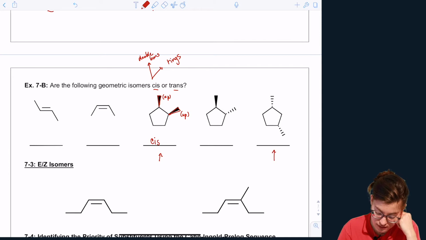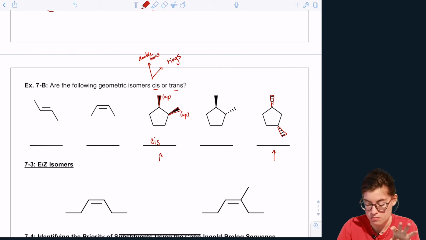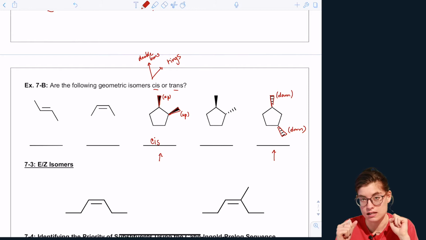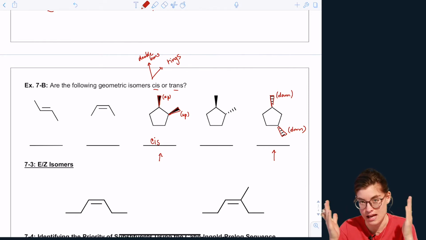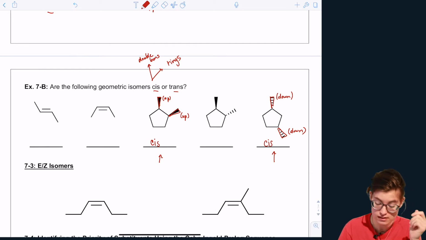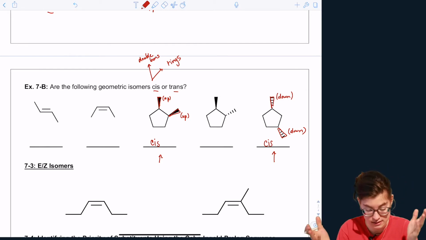If we look at this one on the end, we have, again, two methyl groups, but now both of them are on a dash, okay? But that doesn't matter. What matters is the relationship. So this is down, if you will. Since they're both going behind the plane of the page, since they're both going the same direction, this relationship is cis, and so that molecule is cis.